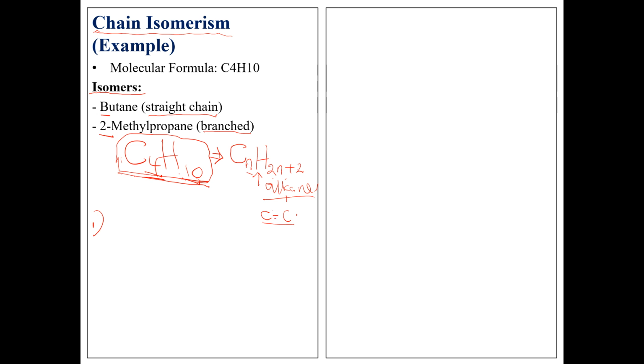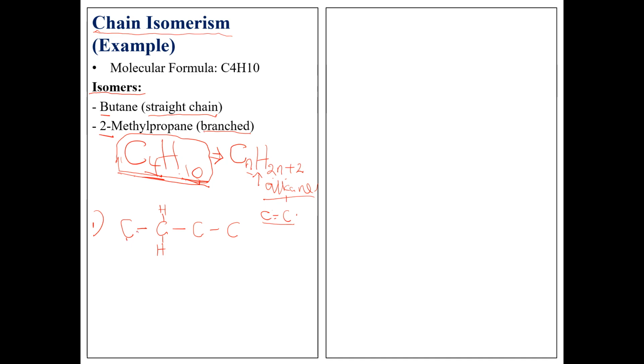So we see that it has 4 carbon atoms, 1, 2, 3, and 4. Now, the functional group is a single bond, which means they all have single carbon to carbon bonds. And thereafter, we can include our hydrogen. We know that carbon can accommodate a maximum of 4 bonds. You can see this carbon here has 1, 2, 3, 4.